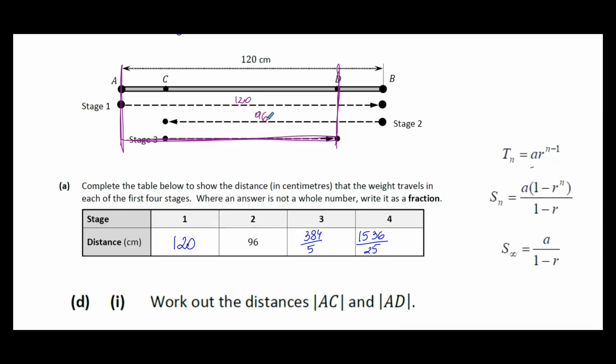I know that this one is 96, isn't it? And then my third distance, that one here, is 384/5. And then I know that this one here is 24. So 24 plus 384/5 gives me the distance from A to D, isn't it?